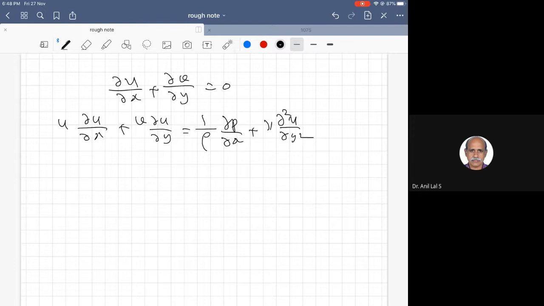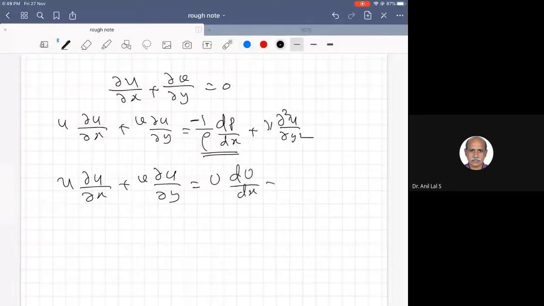This dou p by dou x becomes dp by dx because p is mainly a function of x. And in terms of potential flow velocity, u into dou u by dou x plus v into dou u by dou y is equal to U du by dx plus mu into dou squared u by dou y squared.